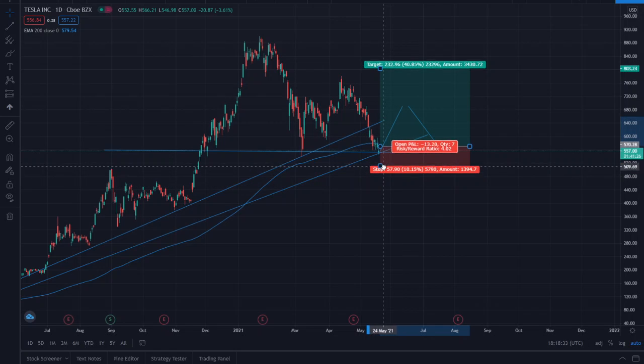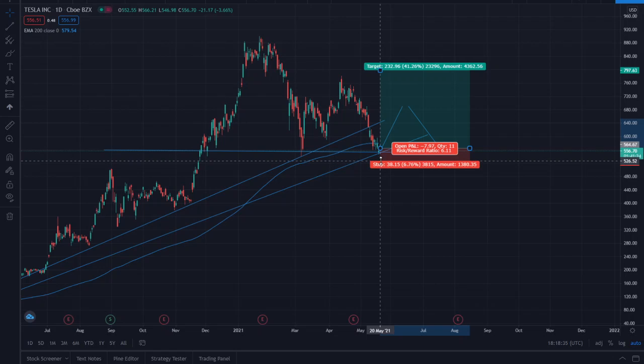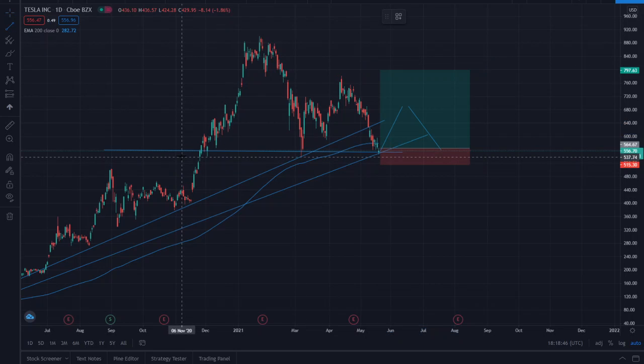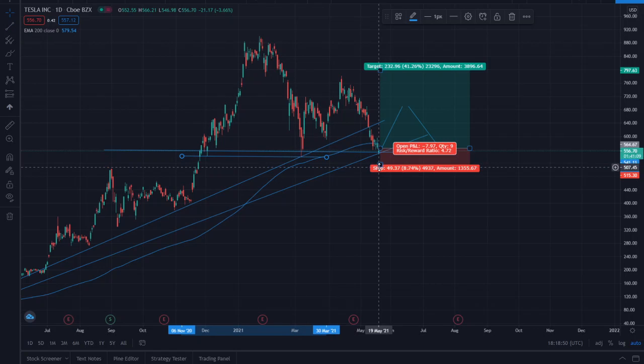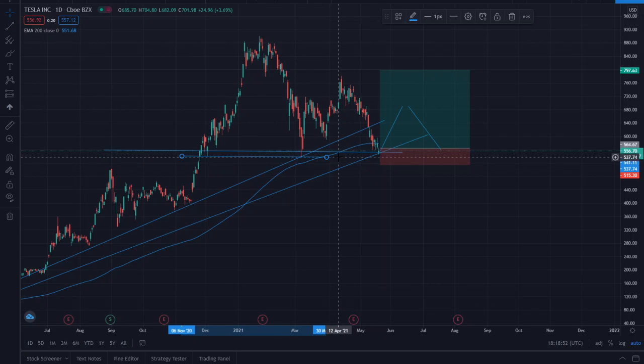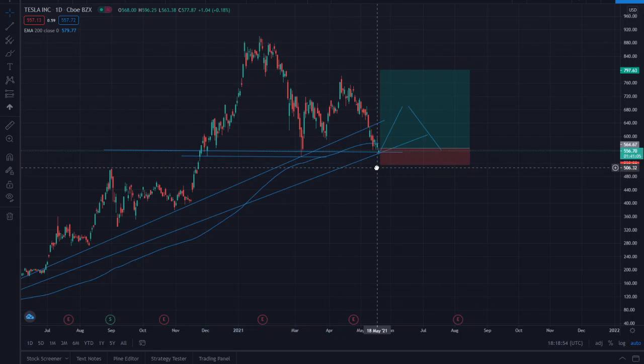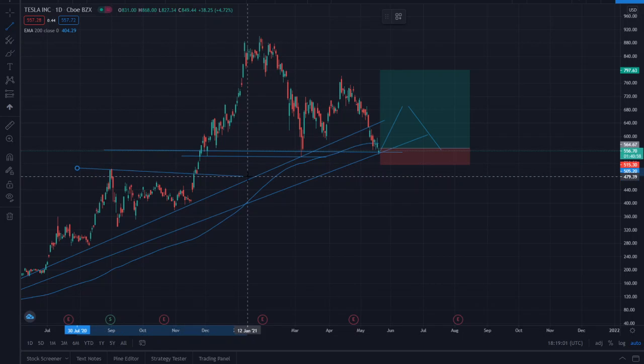Now the stop loss would be, in this case, somewhere around 500. Depends how close you want to make it. You could use the previous lows of these two candlesticks, which would be around 540. 500 would be around here, which is the next support line, which is where the previous resistance line was.